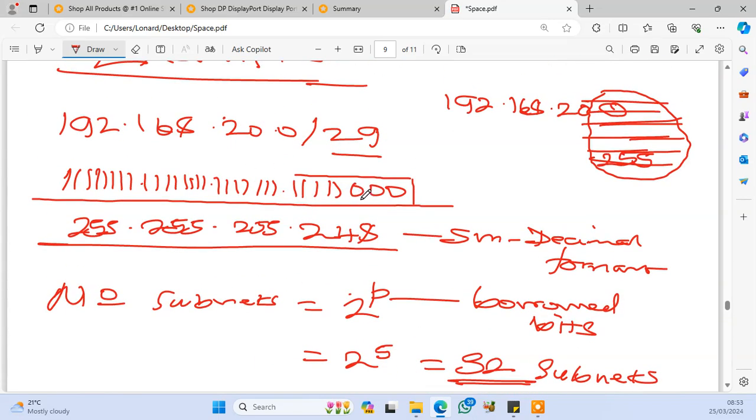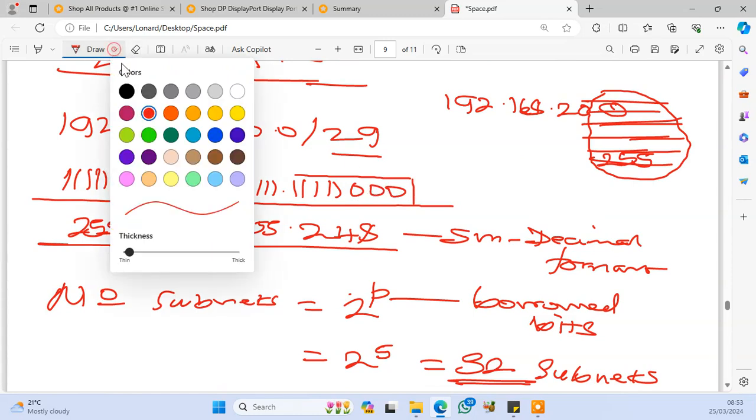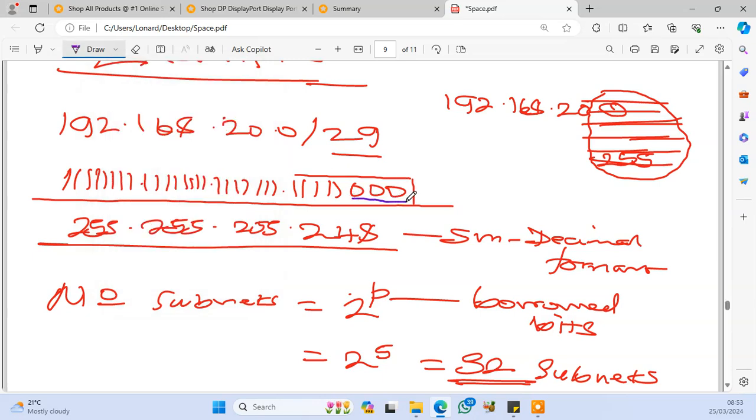Our octet boundary is this. The host bits in an octet boundary are these ones here. The borrowed bits in an octet boundary are these ones.